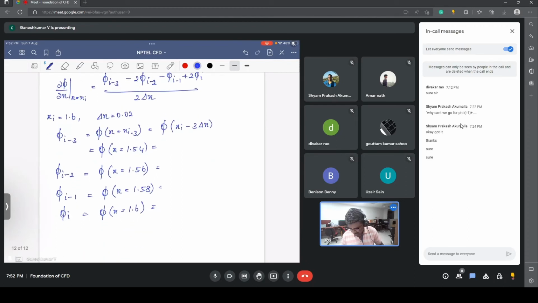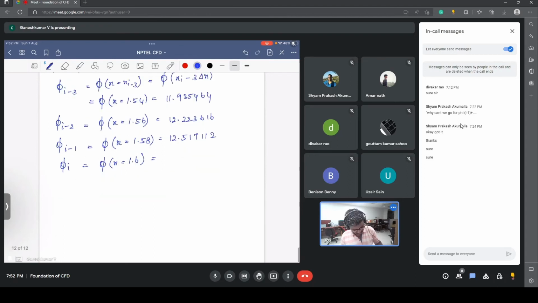The values would be 12.22316, 12.517112, 12.816.